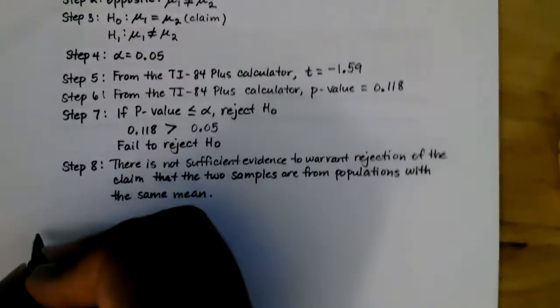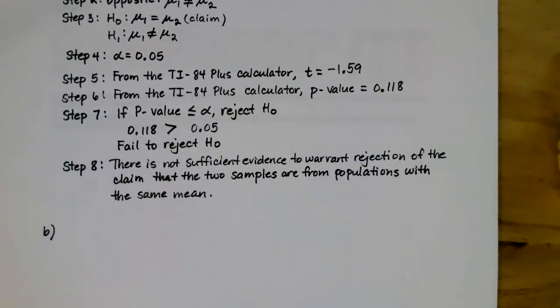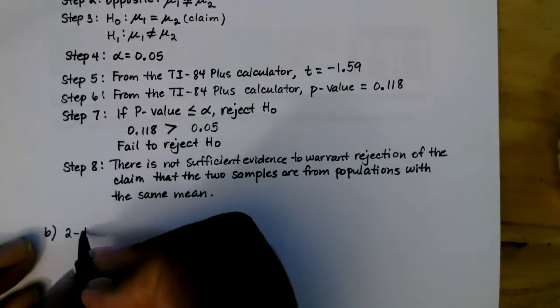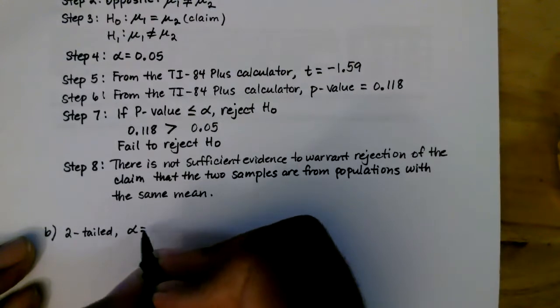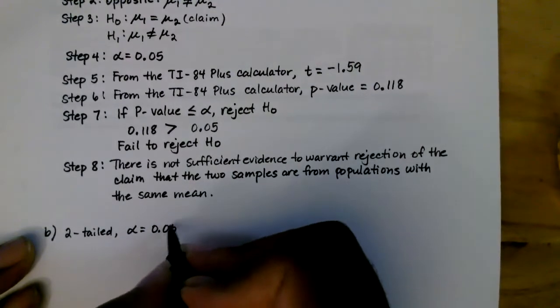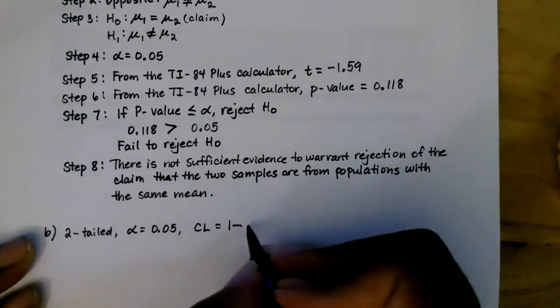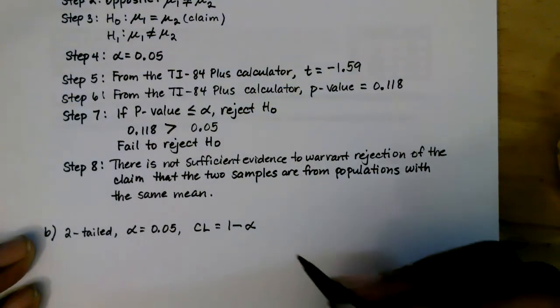All right, now part B is to construct a confidence interval suitable for testing the claim that the two samples are from populations with the same mean. All right, we do have a two-tailed test because of the not equal to in the alternative hypothesis. Our alpha level is 0.05. That means the confidence level will be 1 minus the alpha level itself because it's already a two-tailed test.